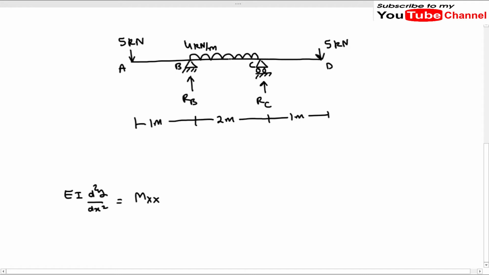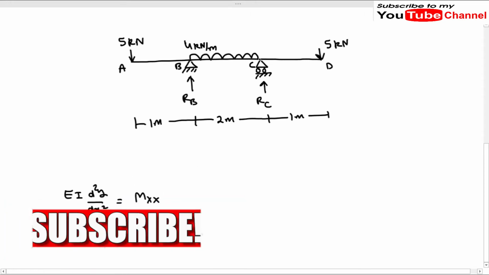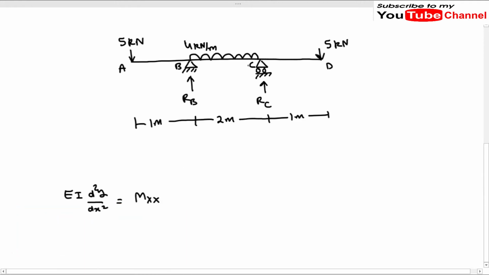In this beam the UDL is acting on segment BC, but it is not continuous in segment CD. So to apply Macaulay's method, I will make this UDL continuous from point B to point D.